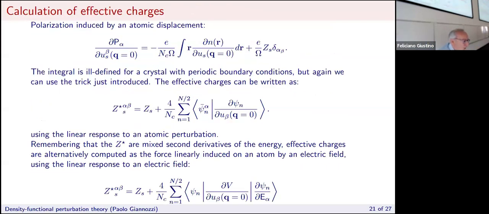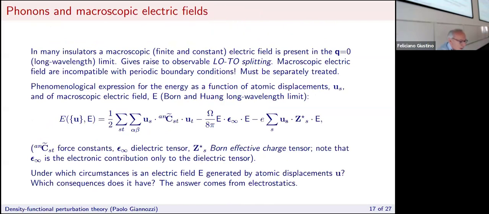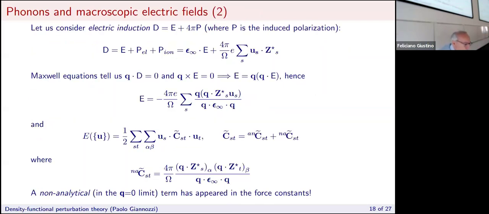Now, how can these quantities that appear here, the effective charges and the electric tensor, this, by the way, is the electric tensor for electrons only, so the electronic only contribution to the electric tensor, be computed?